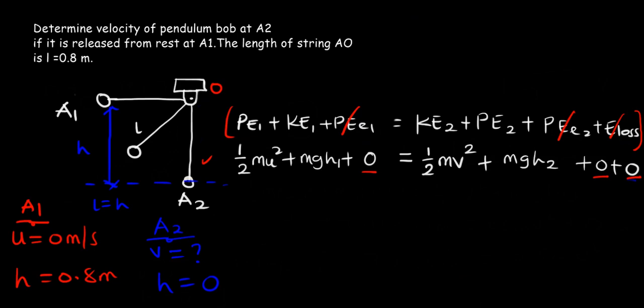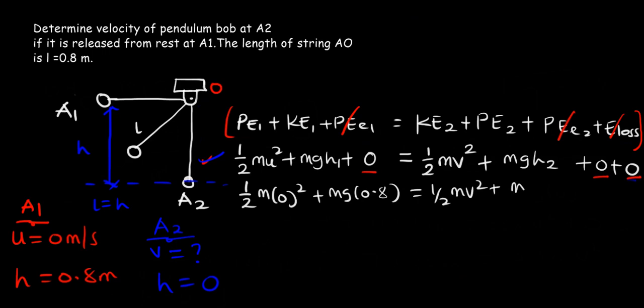So let's substitute this into the equation that we have here. On the left hand side, I'm going to have half m u squared, and we know u to be 0, so 0 squared, plus m g h1. h1 is 0.8, so I will have 0.8 here. This will be equal to half m v squared, plus m g h2, which is 0.